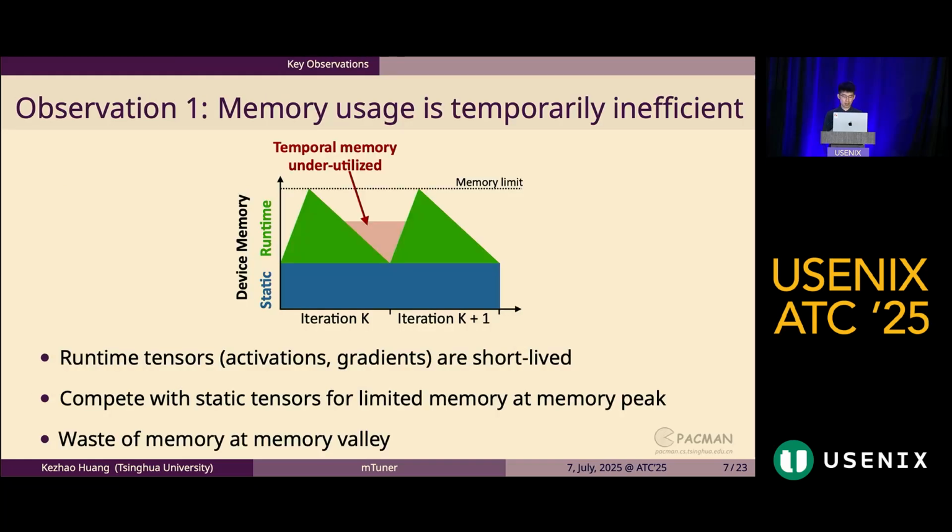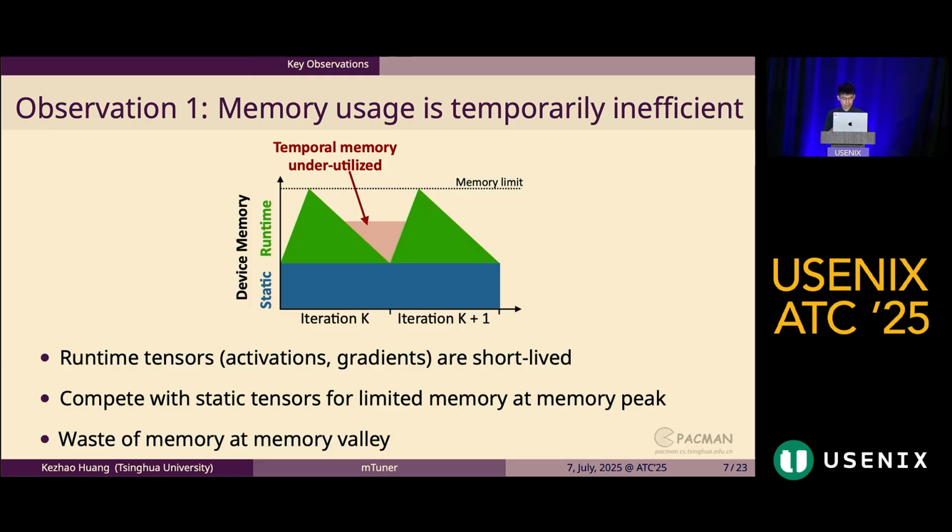There are some key observations that motivate our work. The first is that memory usage during fine-tuning is highly inefficient over time. As shown in this figure, memory spikes during forward and backward passes and then drops, a clear peak and valley pattern.